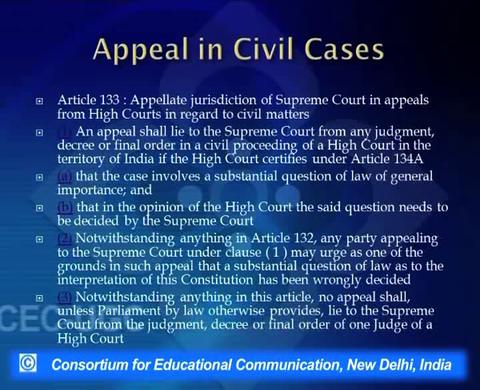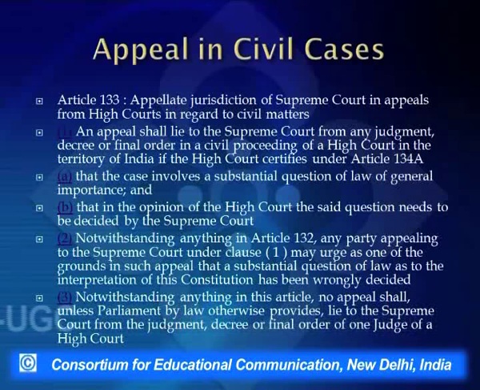If you see the provisions prior to the 30th Amendment, what was provided before 1972 was that an appeal could go to the Supreme Court in a civil case from a judgment, decree or final order of the High Court if the value was not less than 20,000 rupees, or the judgment, decree or final order involved directly or indirectly some claim or question respecting property of the like amount or value of rupees 20,000, or the case was fit for appeal before the Supreme Court.